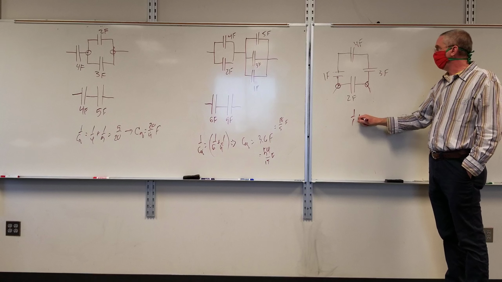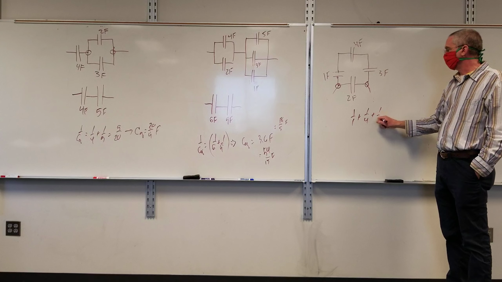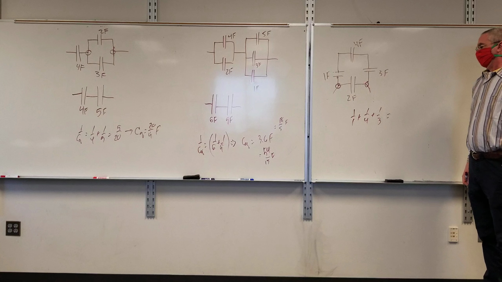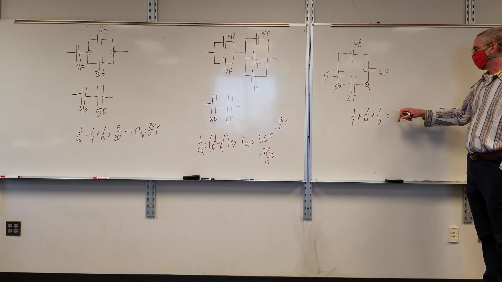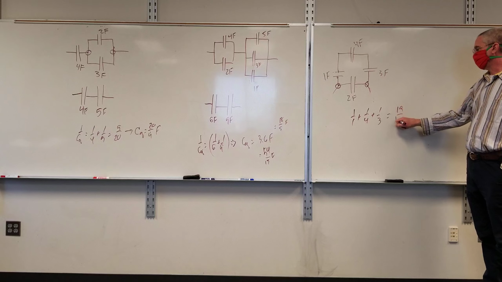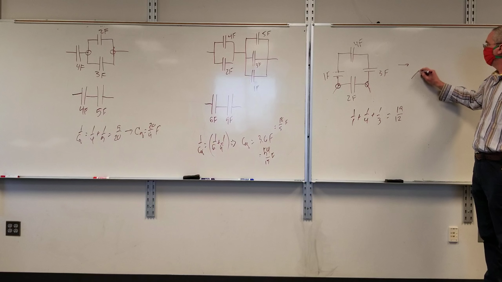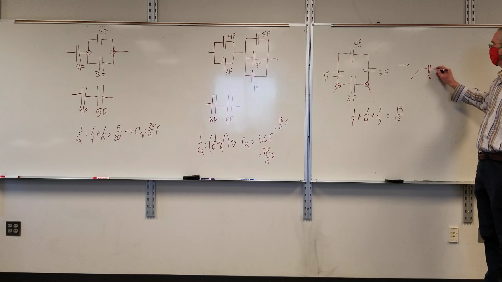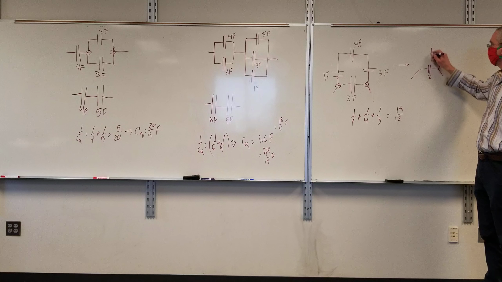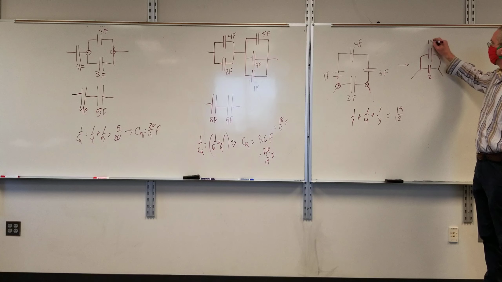So 1 over 1 plus 1 over 4 plus 1 over 3. So 19 twelfths. So this would then reduce to, got 2 here and 12 19ths.